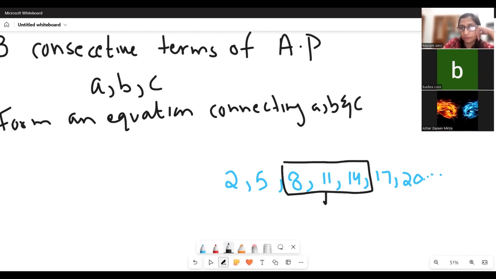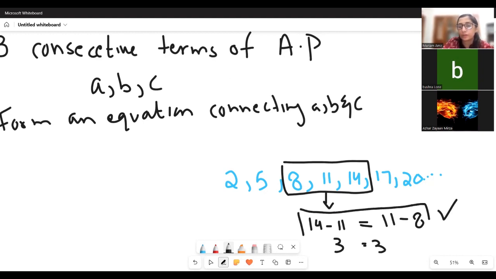If I need to join these 3, 14, 11, and 8 in an equation, that would be 14 minus 11 gives us the same difference as 11 minus 8. Is that correct? You'll get 3 here and 3 here. So this is a correct equation. The difference between 14 and 11 is the same as the difference between 11 and 8, so you can equate them.